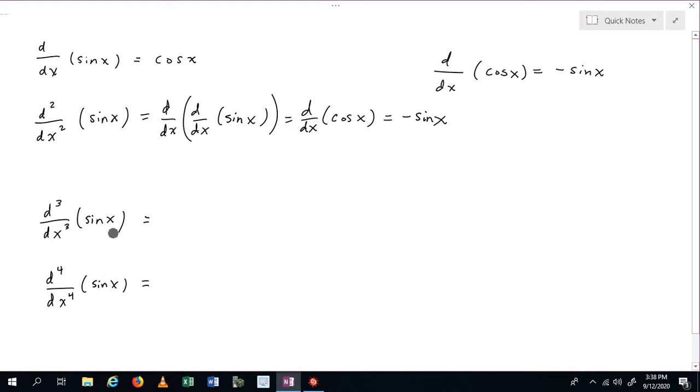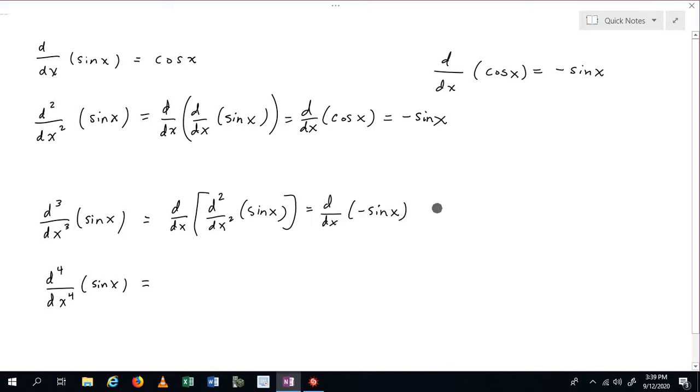Okay, so let's look at the third derivative of sine of x. Now this is just the derivative of the second derivative of sine of x. And we already know what the second derivative of sine of x is, right? It's minus sine of x. And so we just need to find the derivative of a minus sine of x.